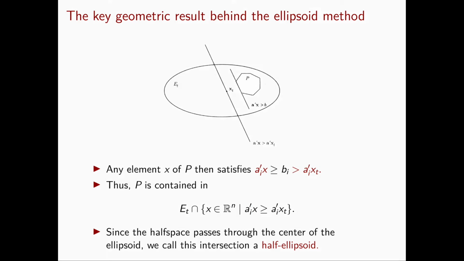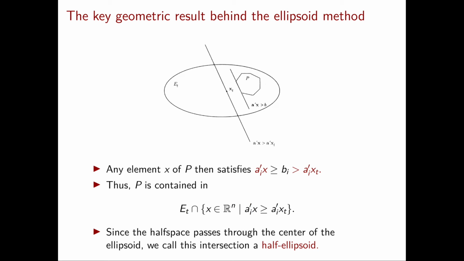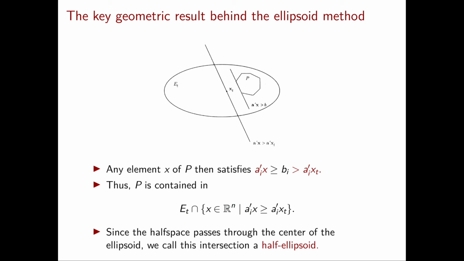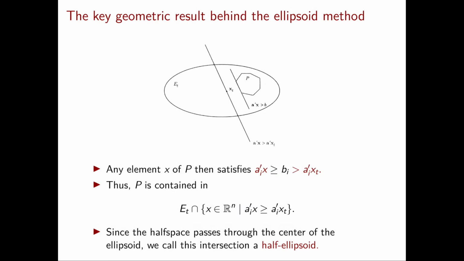Now the original inequality was valid for P, so the new translated inequality is valid for P as well. Now we look at the set of points in the ellipsoid E_t that satisfy this new translated constraint. Since this translated inequality passes through the center of the ellipsoid, we call this region a half ellipsoid.